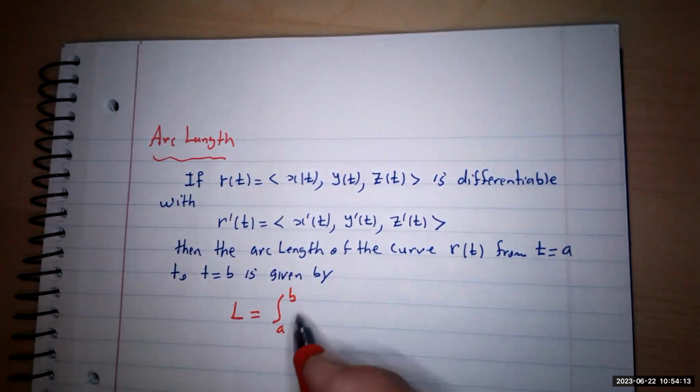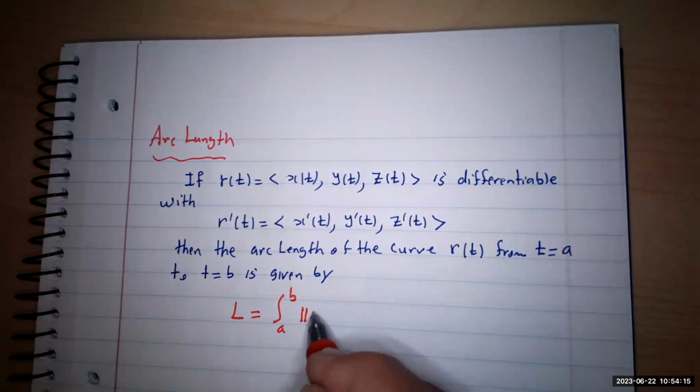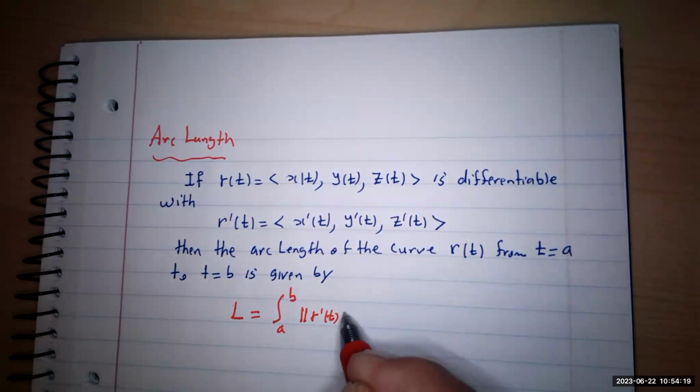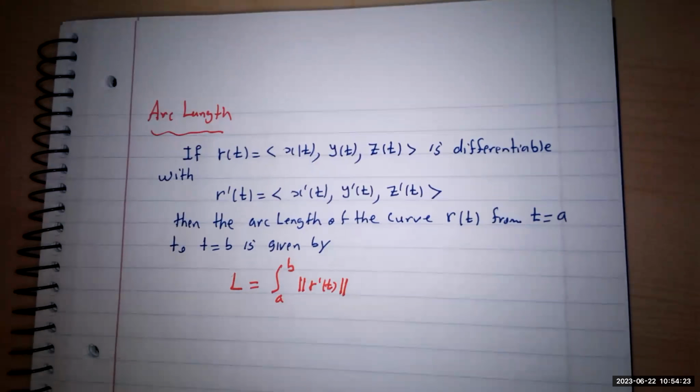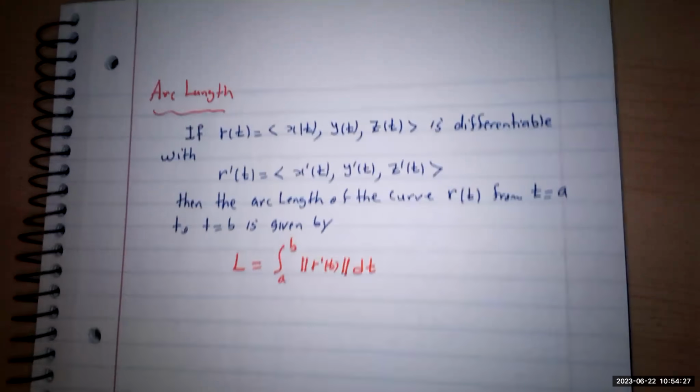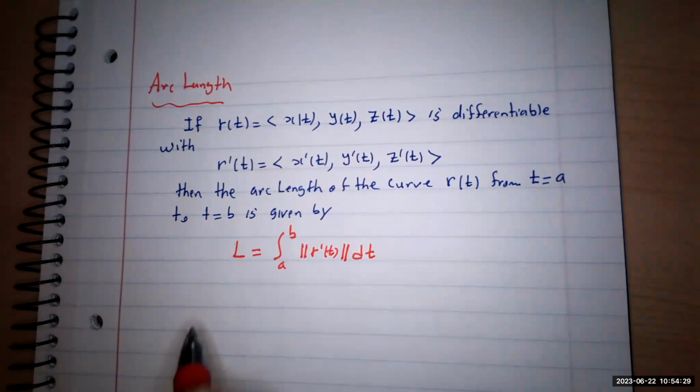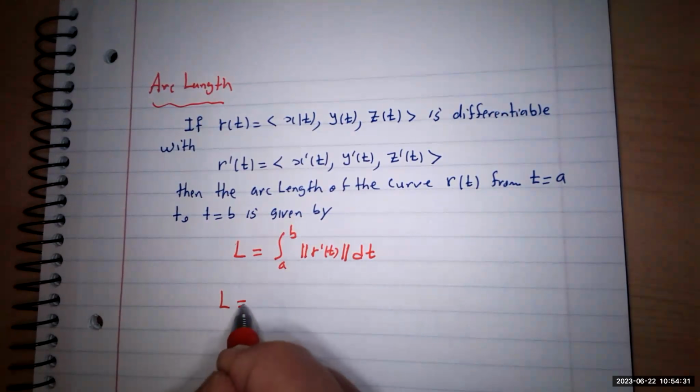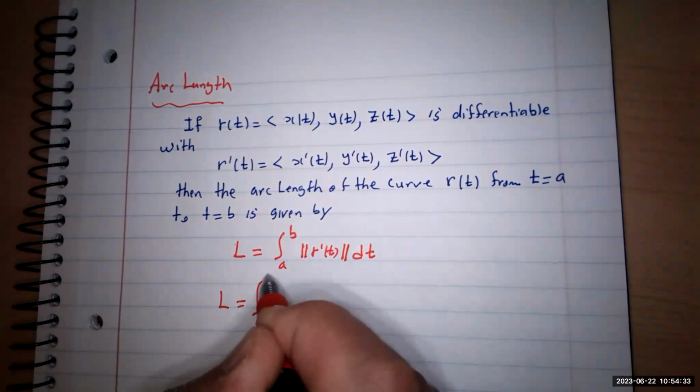This is, in fact, the norm of r prime of t. You know that r prime of t was a tangent vector, or velocity, and its norm is the speed, if you like. That's in short, but if you extend it, that's the formula that we predicted.